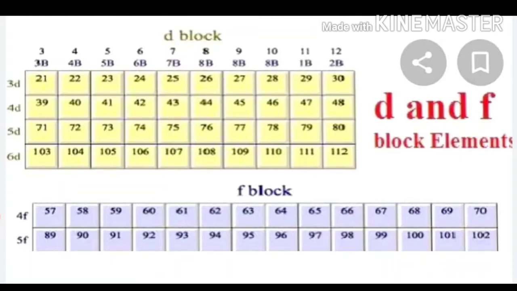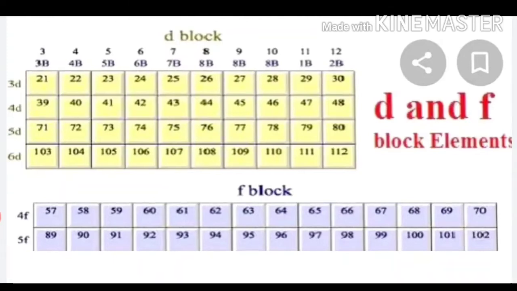Okay, so the two elements of this series which have abnormal electronic configuration are molybdenum, atomic number 42, and silver, atomic number 47.